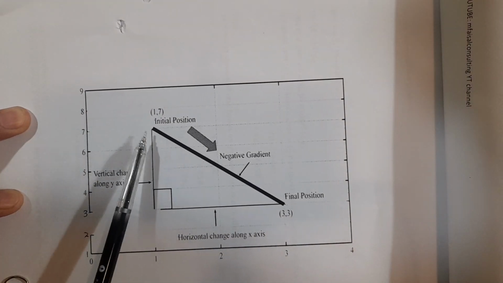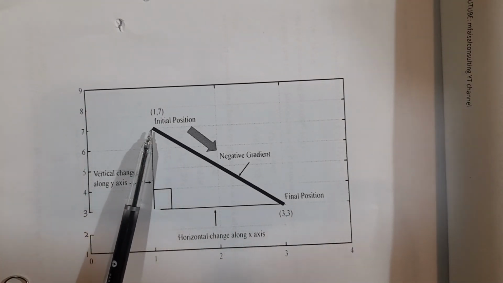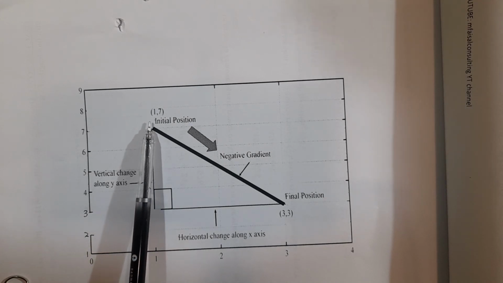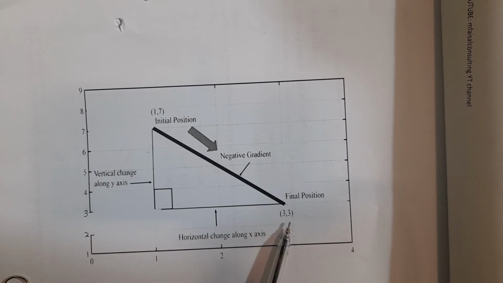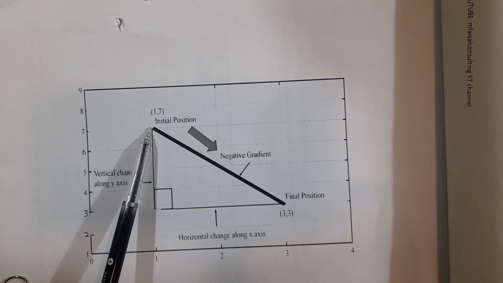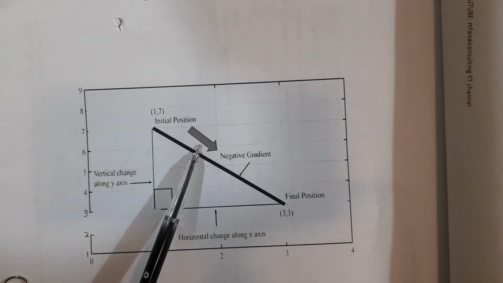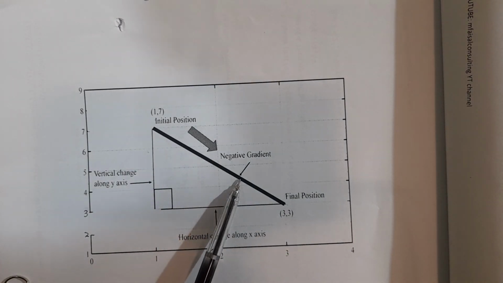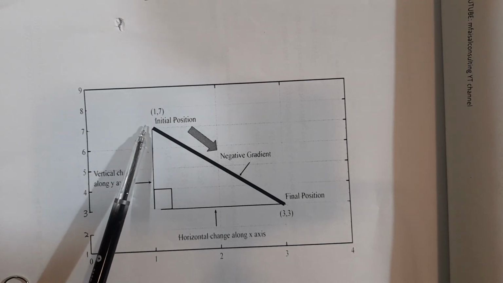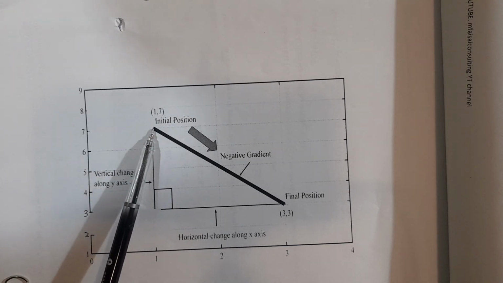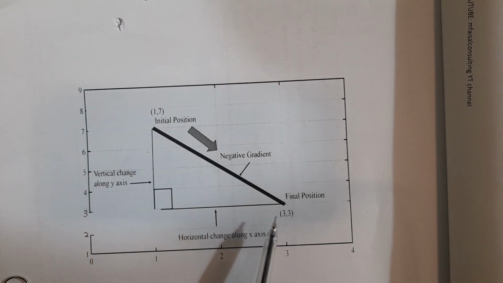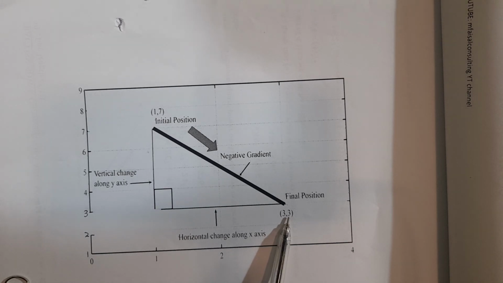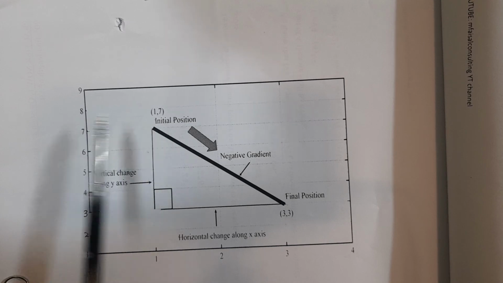Now in this second case, the graph at point A is (1, 7), the initial position, and the final position at point B is (3, 3). Now this line is moving downward from left to right. So this is a negative gradient. For the vertical change of position, the initial position is at 7 and the final position at 3 along the y-axis.